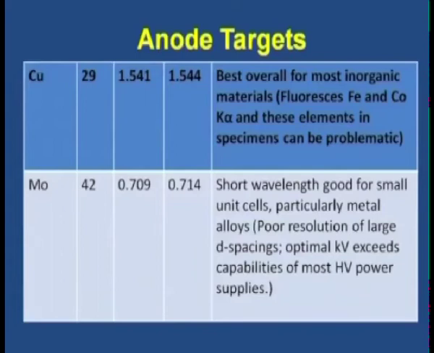Mostly people make use of the copper target, which is the best overall for most inorganic materials. The molybdenum target has a shorter wavelength, good for small unit cells, particularly metal alloys, so you make use of a molybdenum target for those.